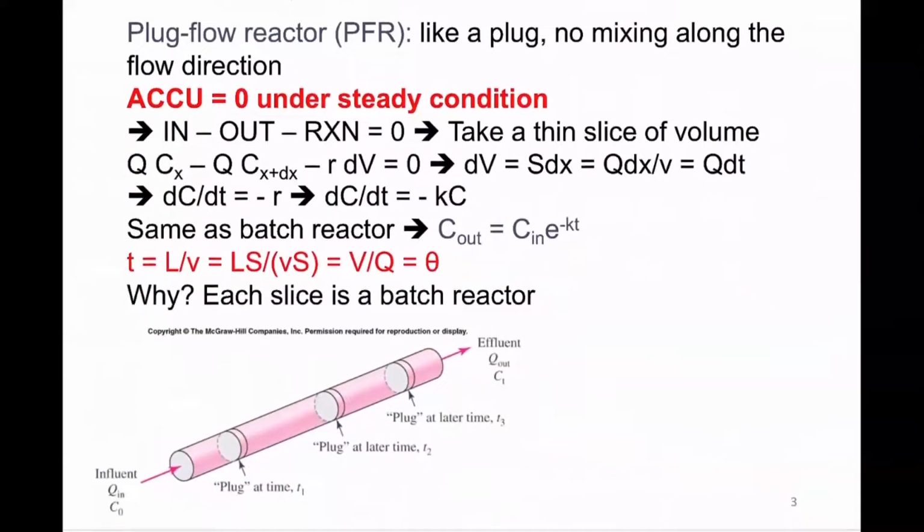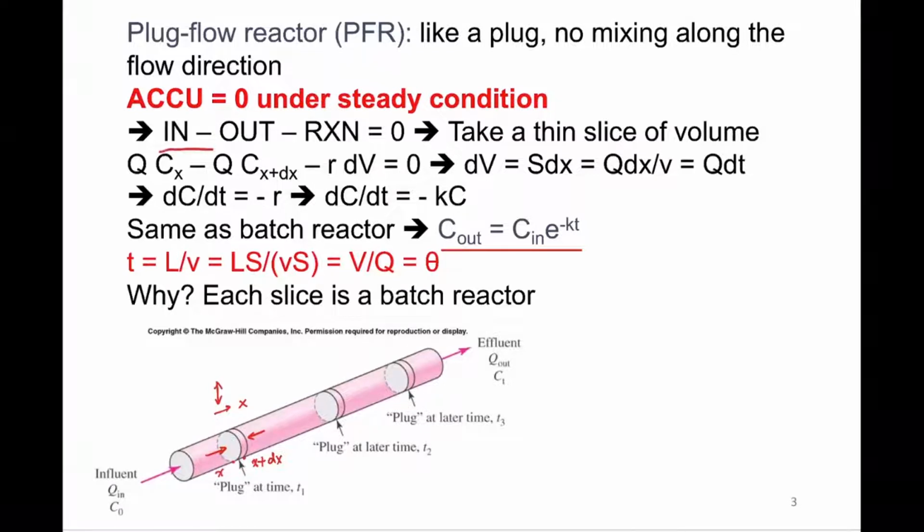The way we derive this relationship is by assuming the fluid flows in tiny, thin slices. Within a slice, there's no mixing along the flow direction, but across the flow direction it is well mixed. So we can pick a very thin slice, choose the locations x and x plus delta x, and set up a mass balance.